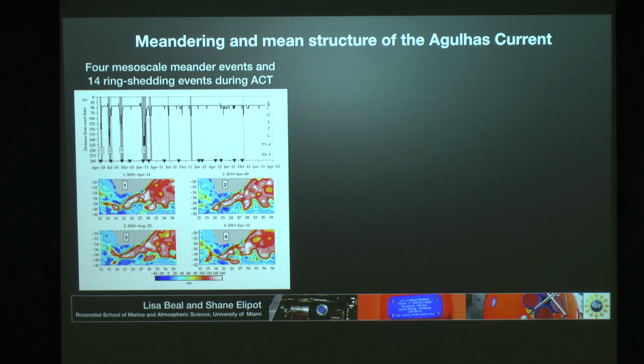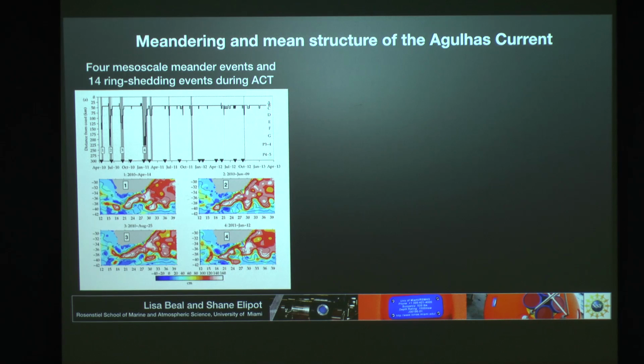We found over a whole 3 years, we had 4 mesoscale meander events. This is just looking at the distance from the coast of the current core, of the maximum velocity. These are the moorings A through P4, P5. And we just said, well, okay, if the current has shifted more than 100 kilometers offshore, that's a mesoscale meander event.